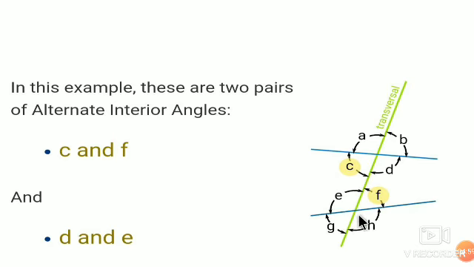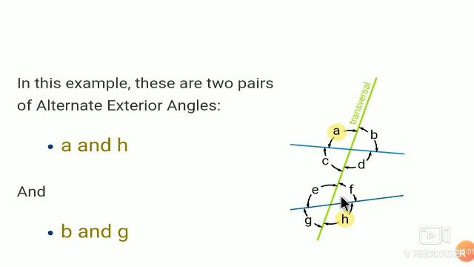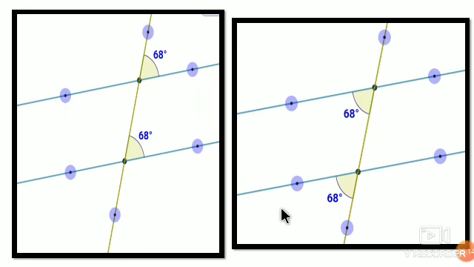In this figure, you can observe the alternate interior angles C and F, D and E. A and H are alternate exterior angles, and B and G are alternate exterior angles. Here, with the measures, the corresponding angle pairs are shown: 68, 68, 68, 68.